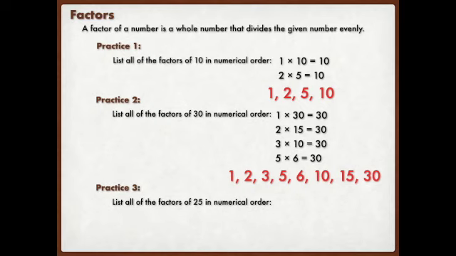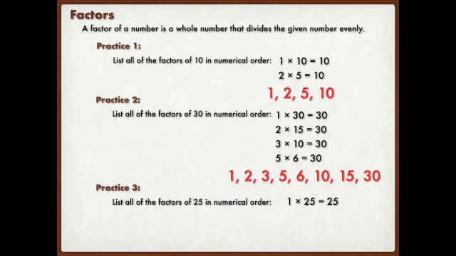Okay, here's another example. List all the factors of 25. I want you to go ahead and pause this and see if you can do this on your own. Use some of the previous examples to help you. Okay, if you unpaused this, let's see what we did. We know 1 times 25. What else can go into 25?